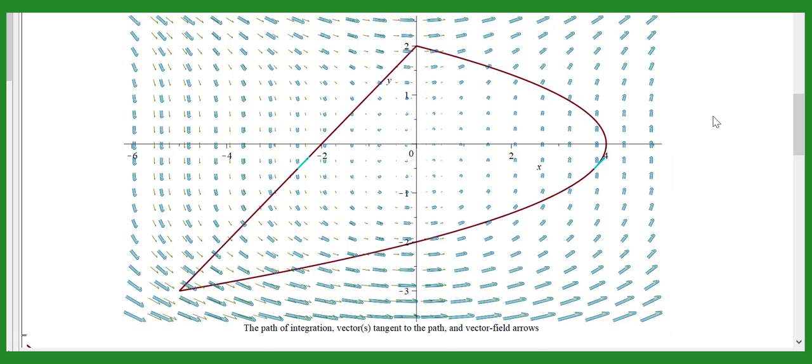So it means that the dot product between the force and dr, the derivative of the curve or the tangent vector, is important in calculating the line integral over the vector field, not a scalar function.